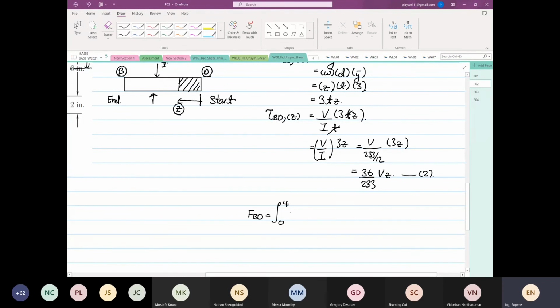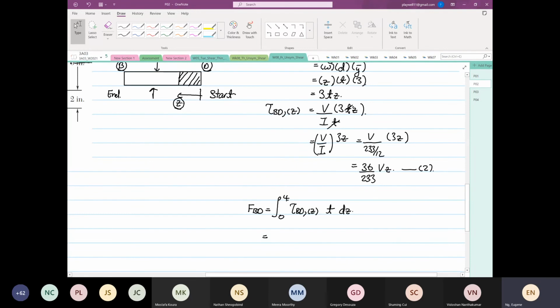We incorporate the equation for shear BD as a function of Z, multiply by T, the thickness, and what is changing is dz. So from 0 to 4, 36 over 233 V Z multiplied by T dz.